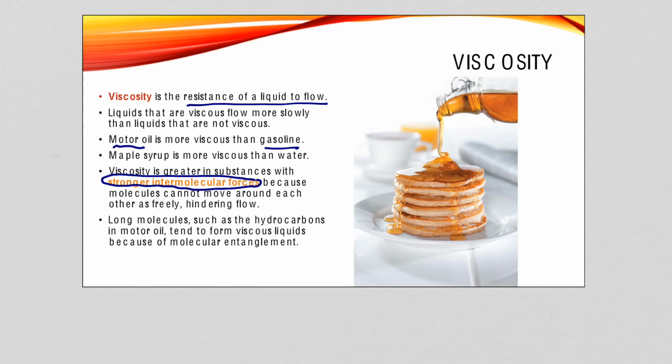Now, there are other things that lead to high viscosity, and that is the shape of molecules. If we have long and skinny molecules, such as really long hydrocarbons like oil, and the molecules that are in maple syrup, these molecules will tend to become entangled, just like hair becomes entangled.